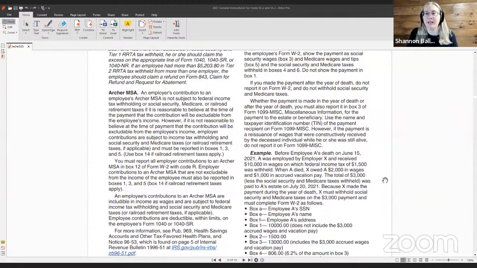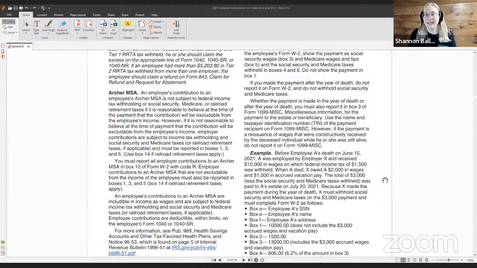If you made the payment after the year of death, do not report it on a Form W-2 and do not withhold Social Security and Medicare taxes. Whether the payment is made in the year of death or the year after death, you must also report it in box 3 of Form 1099 miscellaneous information for the payment to the estate or beneficiary.